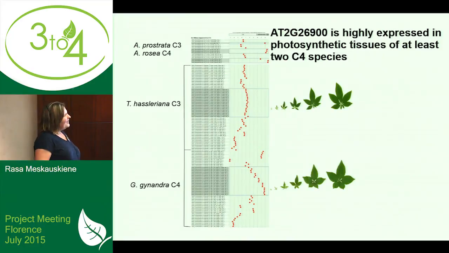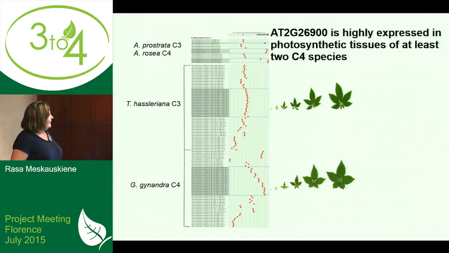And now those gray samples belong to the leaf gradients, C3 and C4. And what you can see here is that in the C4 plant, when the plant grows, the gene becomes more and more expressed. So the gene expression correlates with the ability of the leaf to do the photosynthesis.